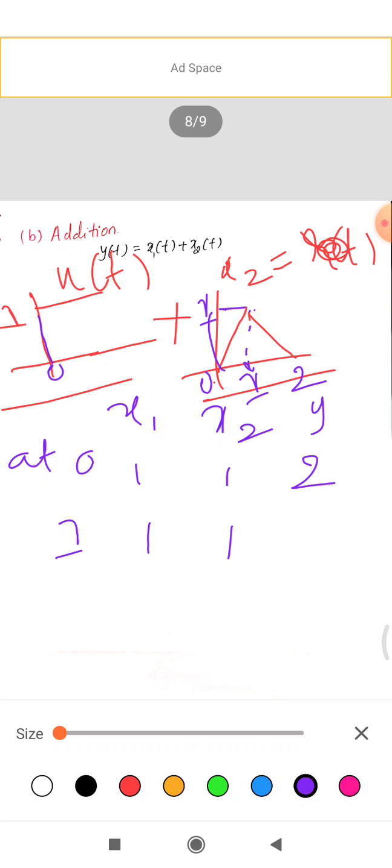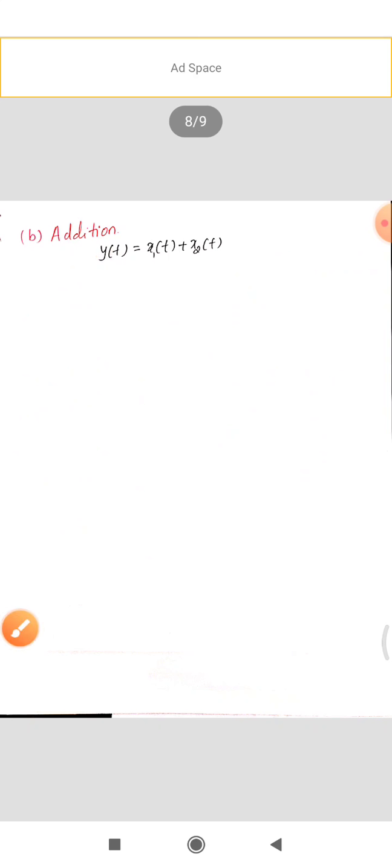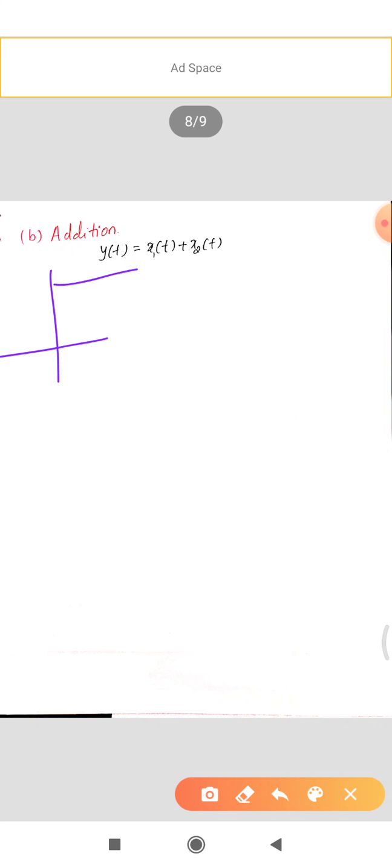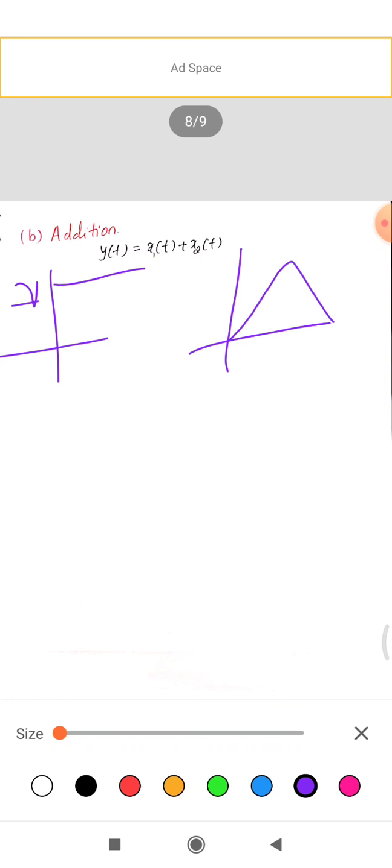Sorry, 1 minute. To perform addition we'll take one more numerical, where one is a unit step and another one is a triangle. So we'll do the calculation part.